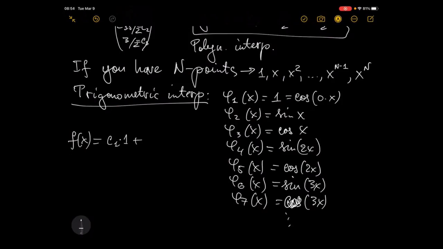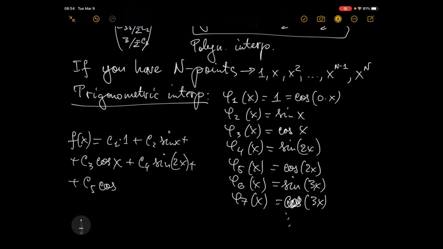Plus c2 sine x plus c4 sine 2x, c5 cosine 2x, and so on.